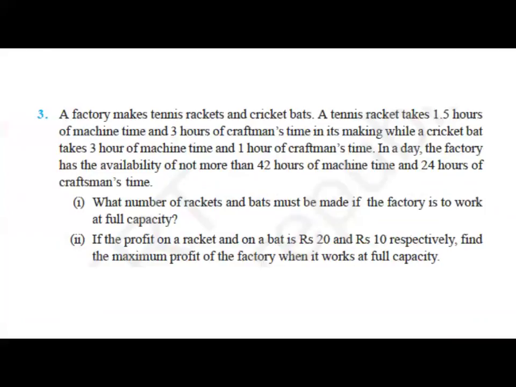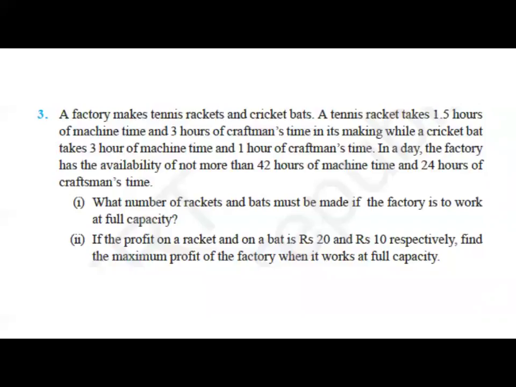A factory makes tennis rackets and cricket bats. I don't know why they're making these two quite different things, but let's just imagine that they can. A tennis racket requires 1.5 hours of machine time and 3 hours of craftsman time, while a cricket bat requires 3 hours of machine time and 1 hour of craftsman time.